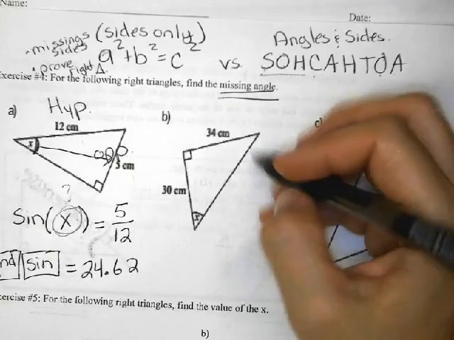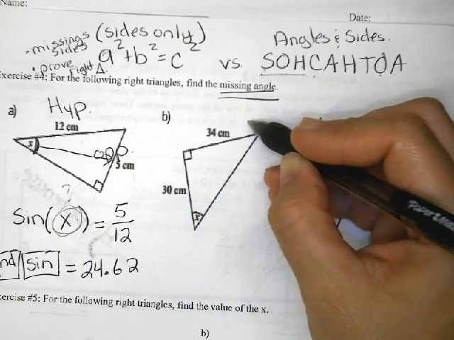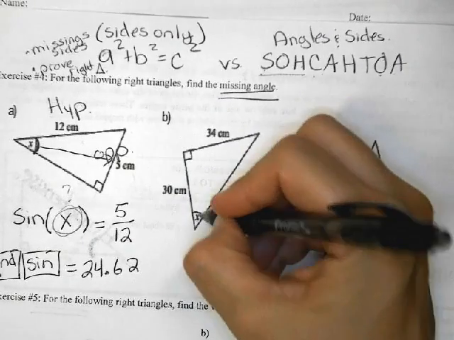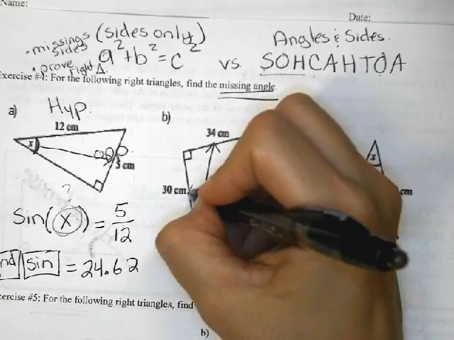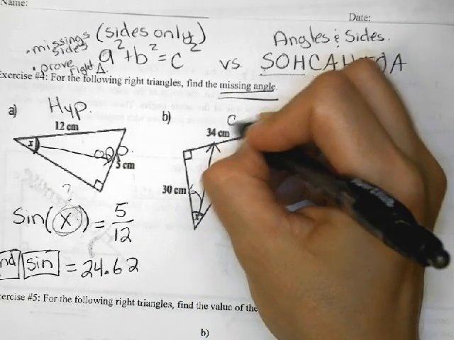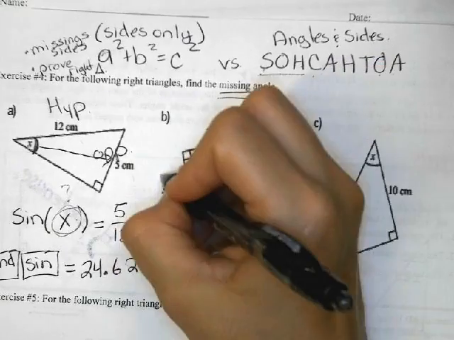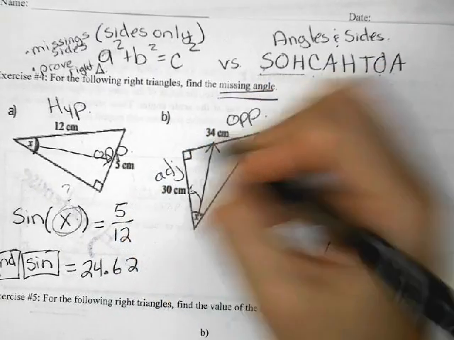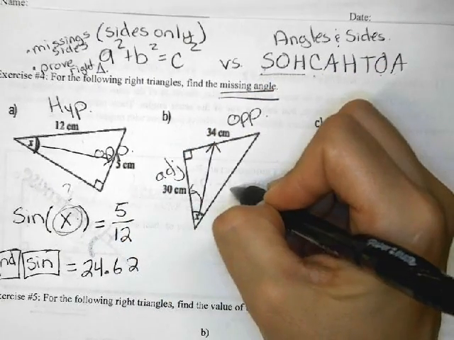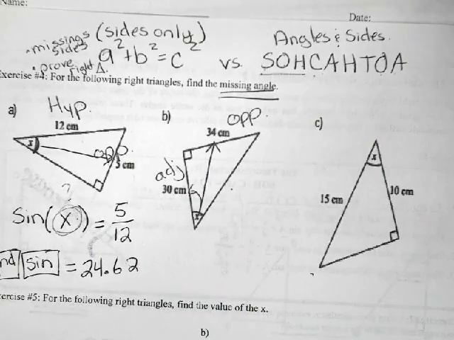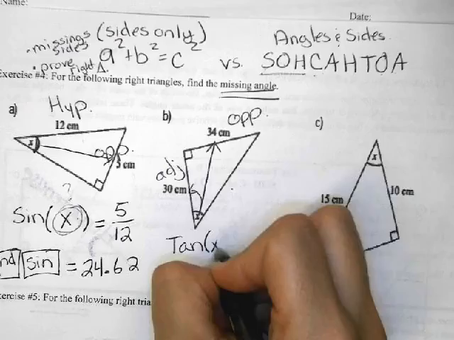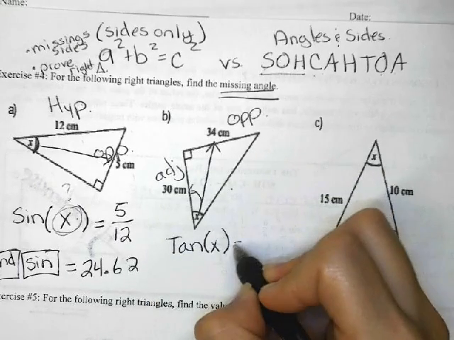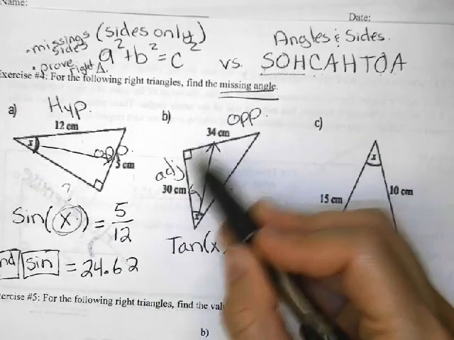All right. Here, what are you given? I'm given the angle, the opposite, and the adjacent. No hypotenuse. So it's TOA. So we know it's tangent of the angle equals opposite over adjacent.